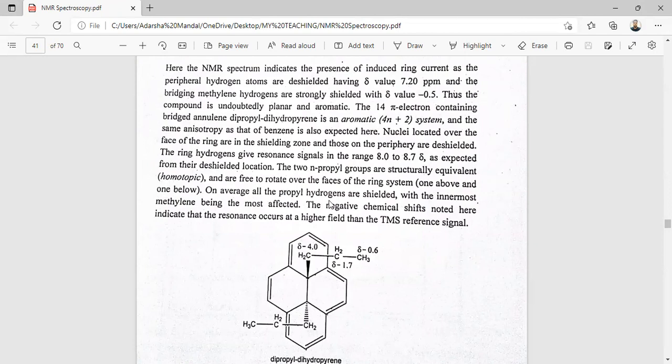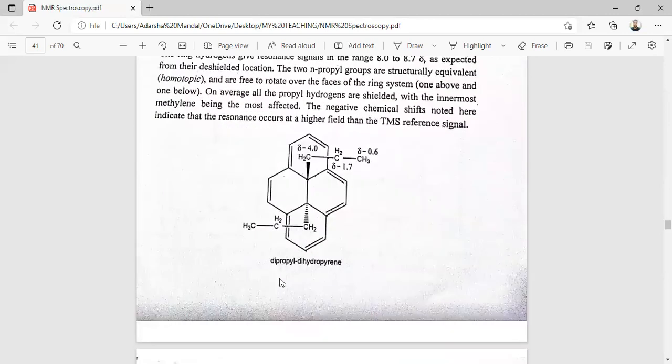So on average, all the propyl hydrogens are shielded, with the innermost methylene being most affected. The negative chemical shift noted here indicates the resonance occurs at a higher field than the TMS reference signal.